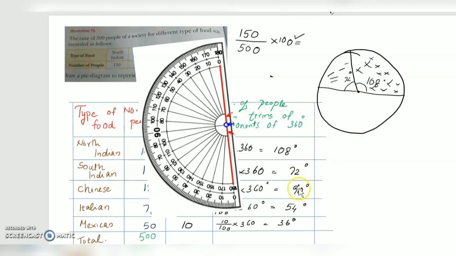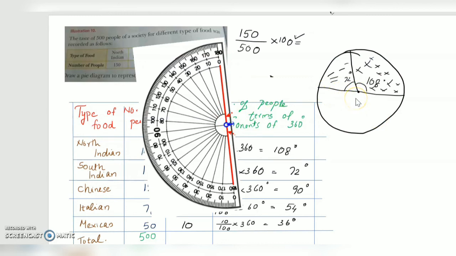Now 72 I got. Next is 90. Next 90 almost here it will come. It's a straight line, right? The only thing that you have to keep in mind is you have to keep this protractor coincident: this blue line coincident with the center point, and this red line coincident with the baseline.